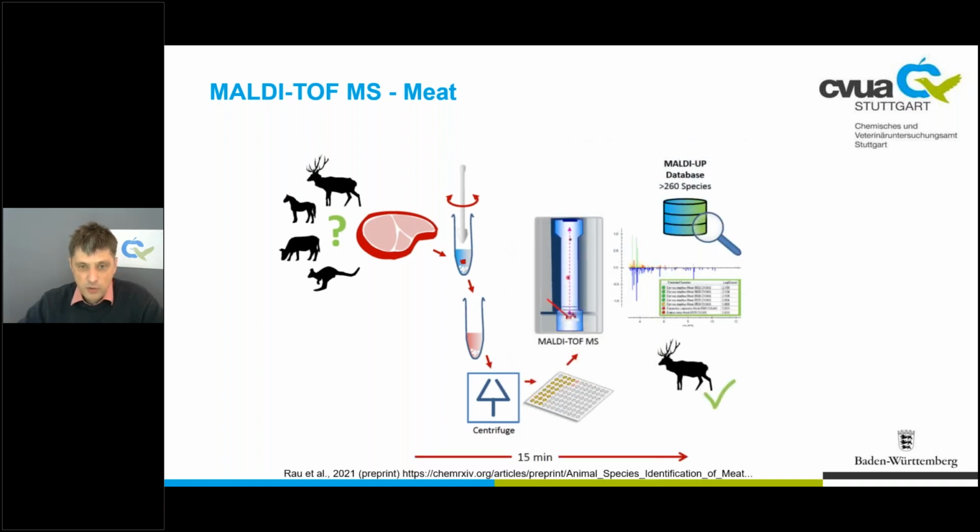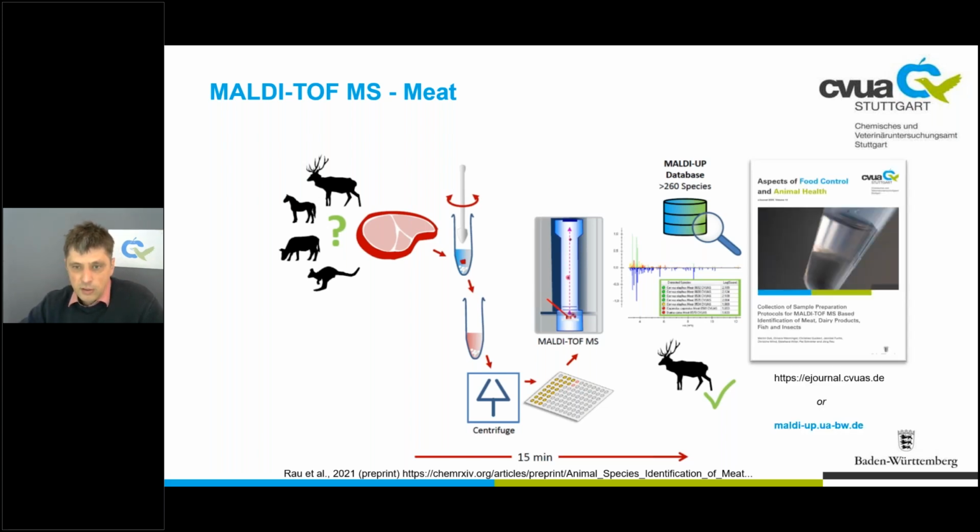And the further protocol steps are completely the same as you know from microbes: preparing the steel plate, adding matrix, and measurement with the normal device settings in the MALDI system. A description of this protocol and some other protocols is given on the MALDI-UP page.